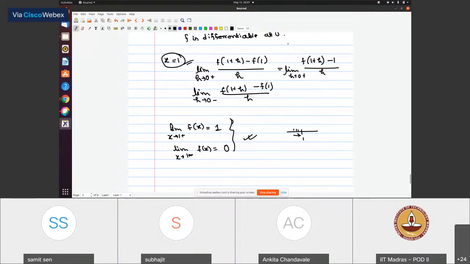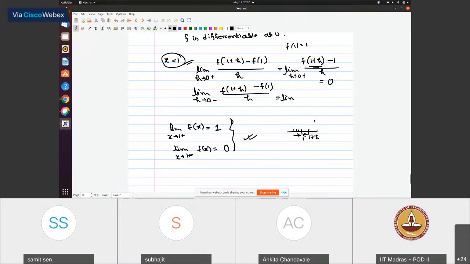So f of 1 is 1. If I am approaching from the right hand side, what will this value be? Somewhere is my 1 plus h, and h is coming from this side. So f of 1 plus h is always 1, right? So it is 1 minus 1, that will give me 0.